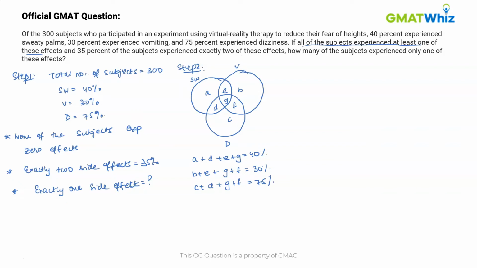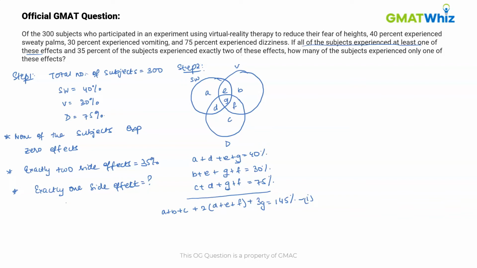Now, when we add all these up, what do we get? We get an equation which is A plus B plus C plus, since D, E and F add up twice, 2 times (D plus E plus F), and G is added in all the 3 equations, so we have 3G equals 145%. So this is our first equation.